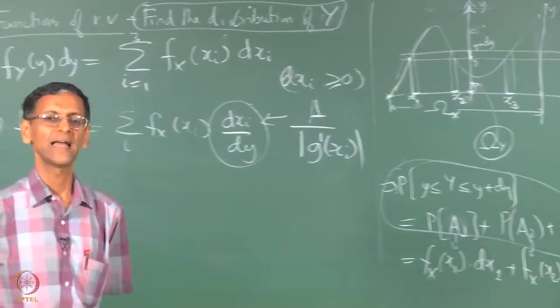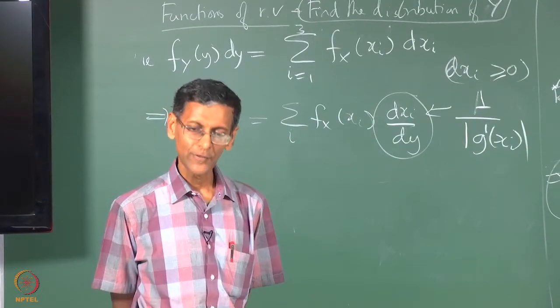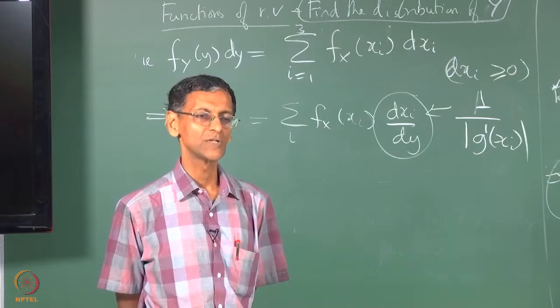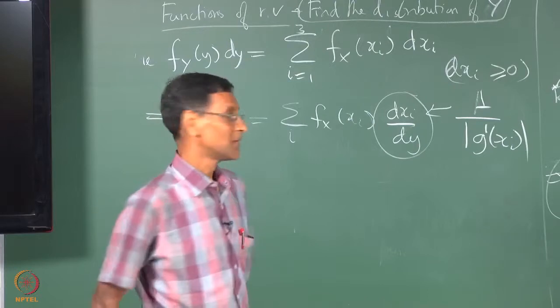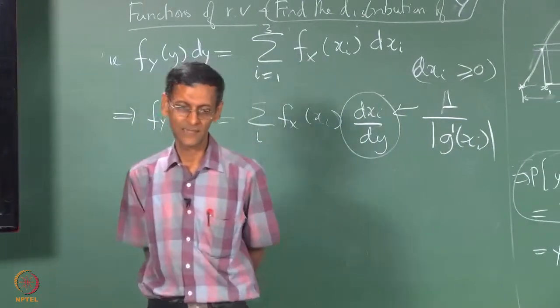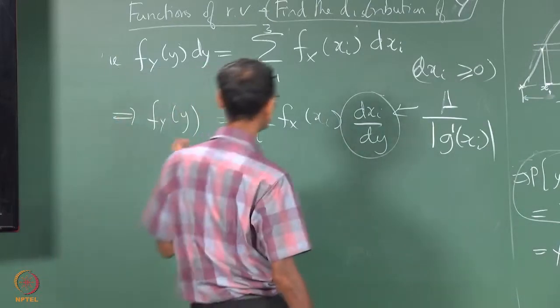So that is why, unlike in the discrete case, in the continuous case you are dealing with intervals, and when you are dealing with intervals and functions, there is no escaping some calculus. But we have had this kind of calculus, I mean computations, ever since Newton wrote on differential calculus.